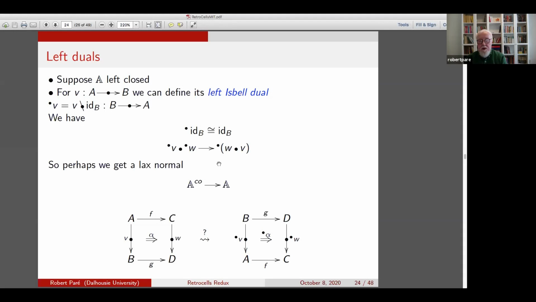So it looks like maybe you're getting here a lax normal functor going from A co into A. But here, if you look at this, you have a cell, you get this dual, and you don't get this. So that doesn't work. This is the problem.